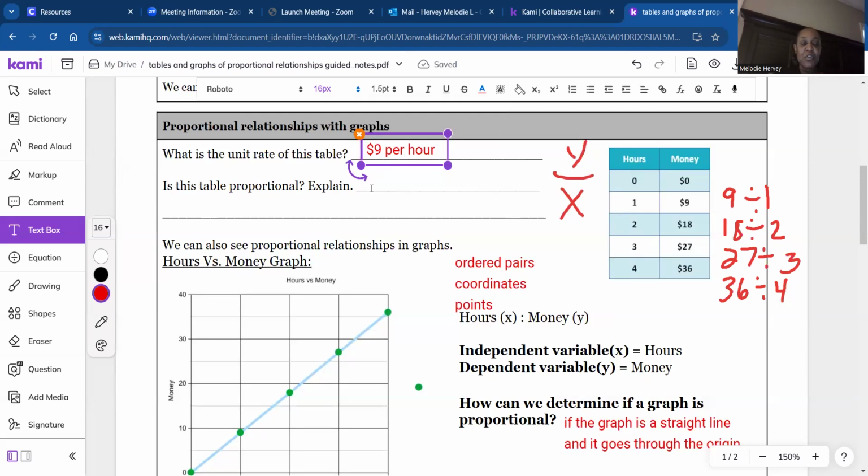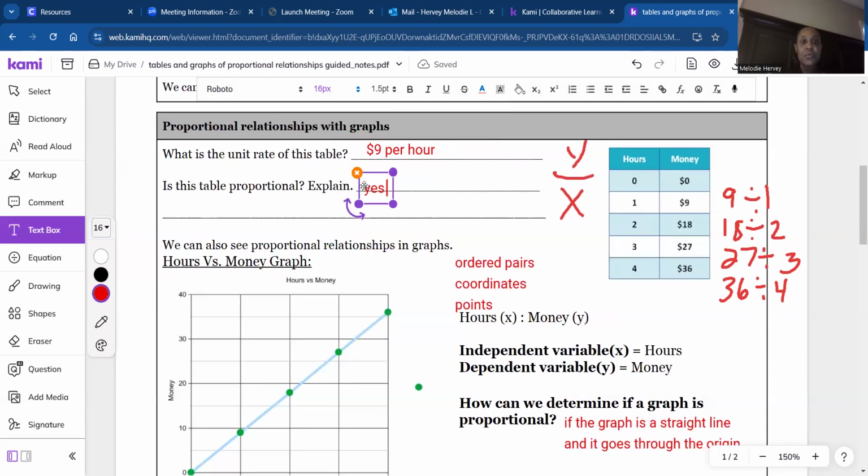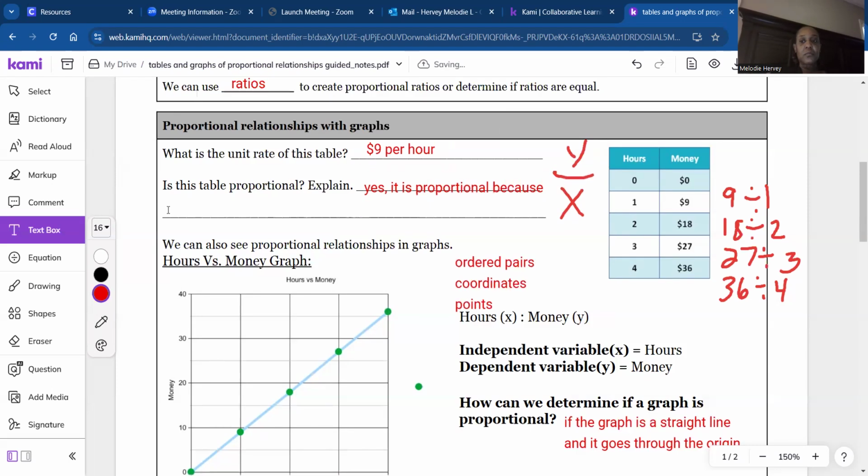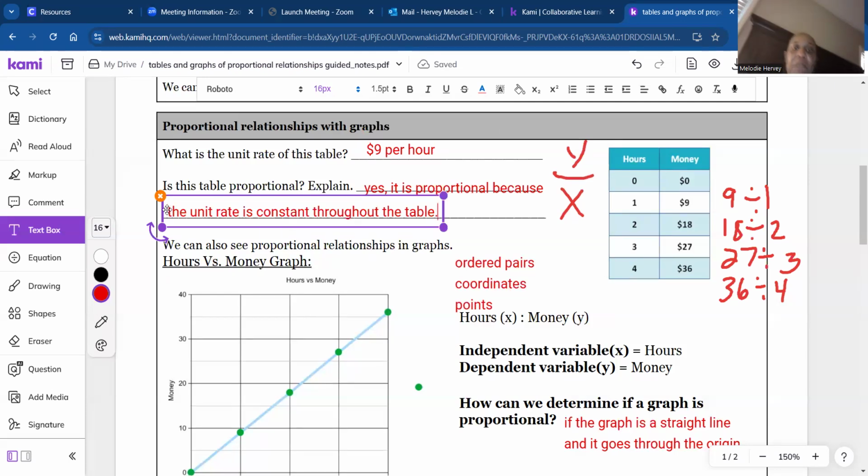Is this table proportional? Well, yes, it is proportional because the unit rate is constant throughout the table.